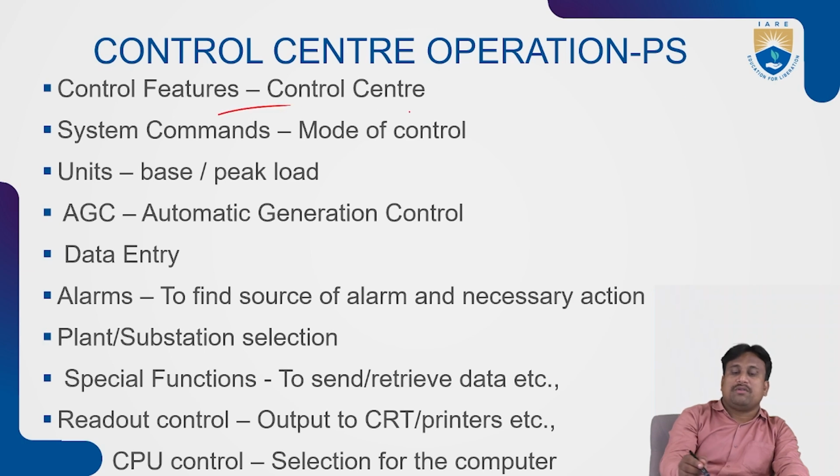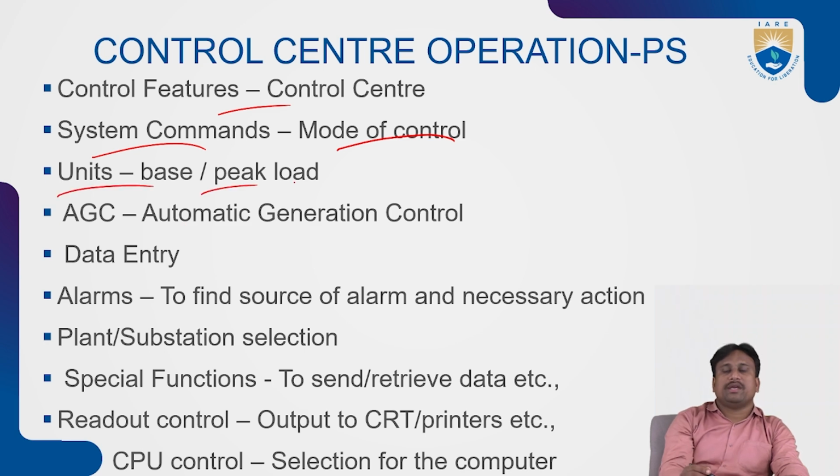Here are some control features that should be considered from the control center, which provides the system commands directly to operate the mode of control action, and the units based on peak load conditions. One is the AGC parameter, that is automatic generation control, which is ready to achieve the system parameters.